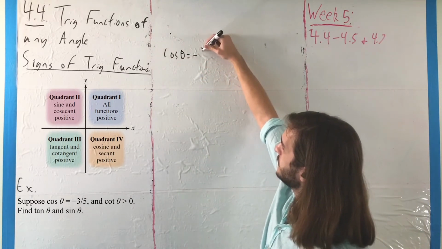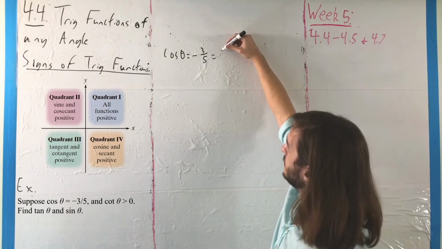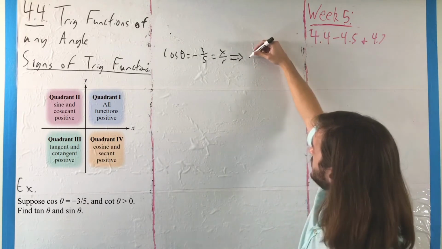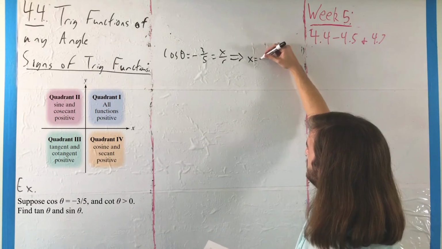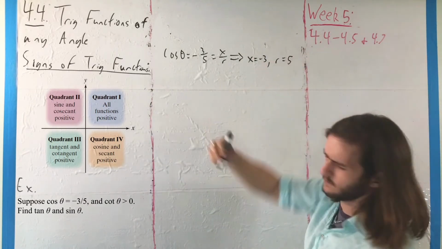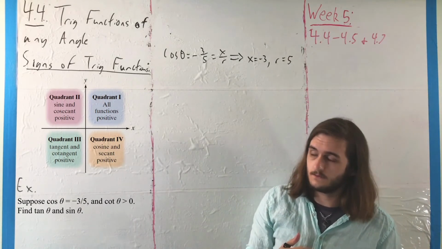is equal to negative 3/5, and cosine is always given as x over r, x has to be negative 3, and r has to be 5. Because our radius, by construction, is never going to be negative, x has to be the negative one.